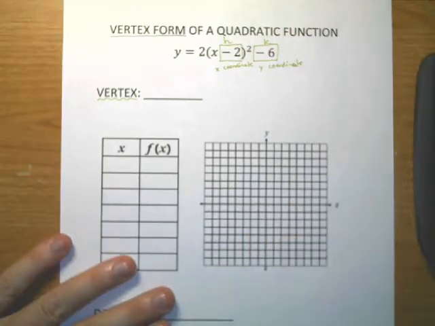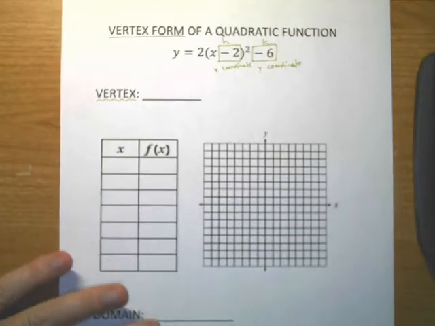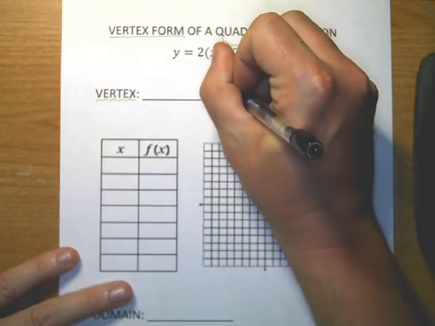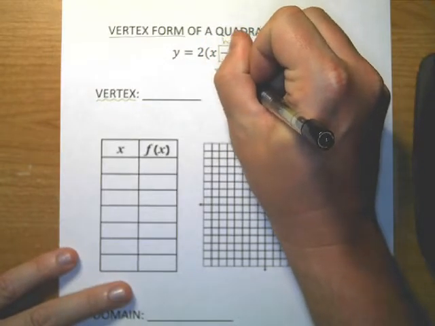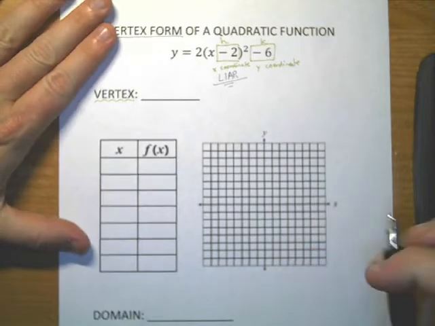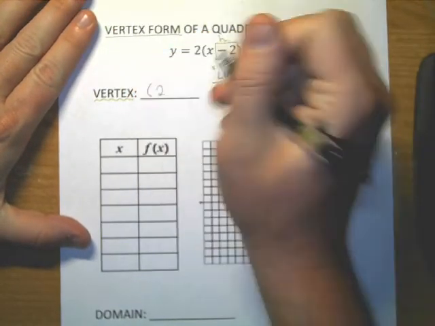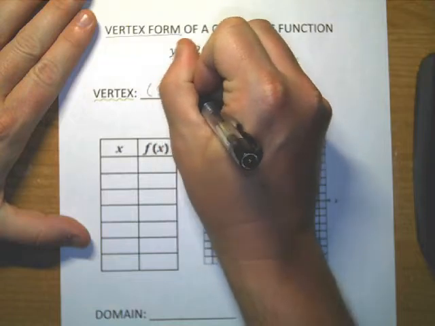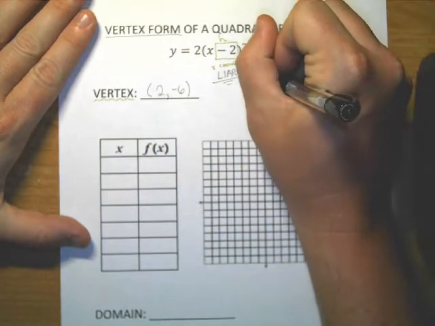There is one thing that you really need to remember, that this guy right here is a liar. Okay, so my vertex is going to be 2, -6. This guy right here tells the truth.